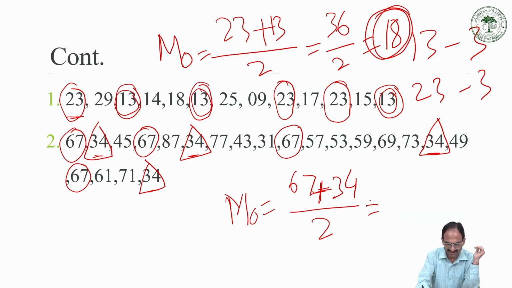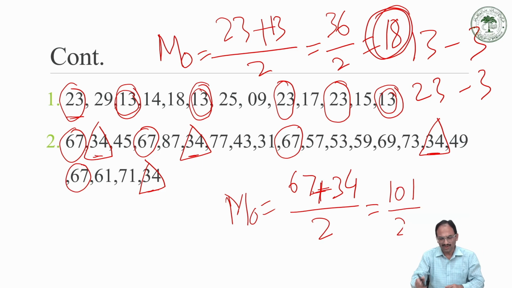So let me calculate. 7 and 4, 11, and 6 and 3, 9, and 1, 10. So it is 101 divided by 2. The moment you calculate, you will find that it is 50.5. So finally, the mode of this particular data set comes out to be 50.5.